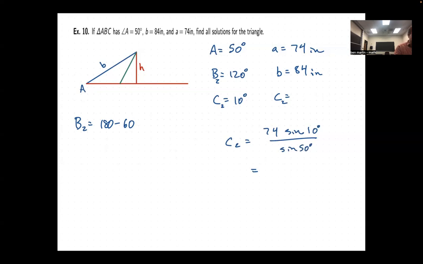Okay. 74 times 10 sine divided by 50 sine equals, I'm getting 16.774, which I'm going to round to 16.8 inches.